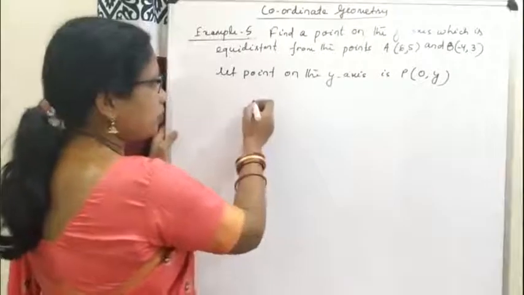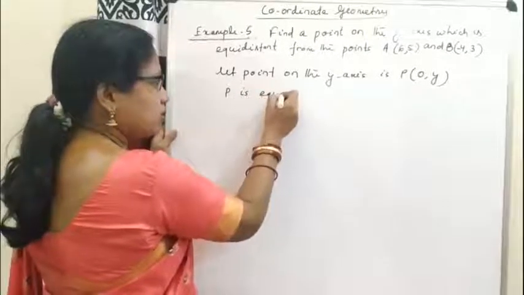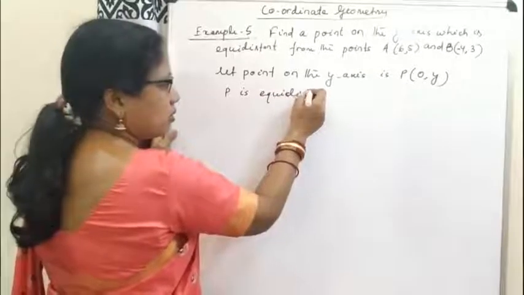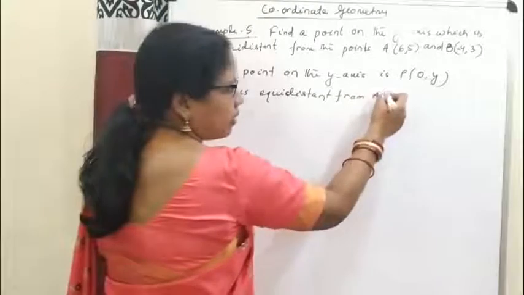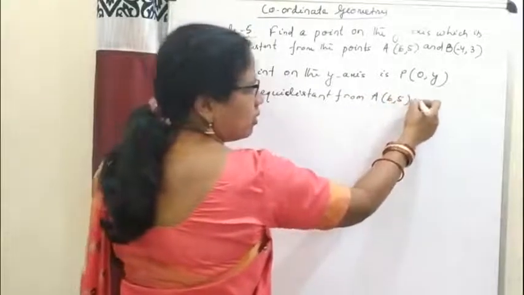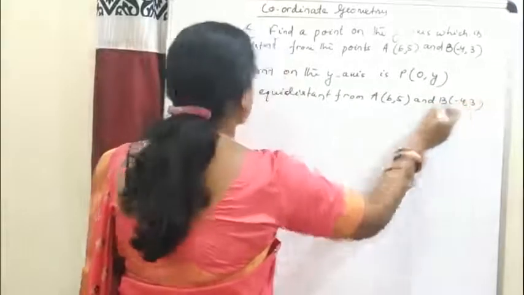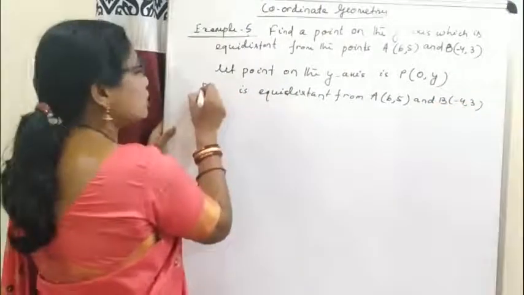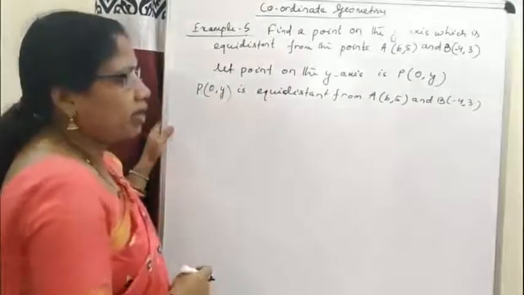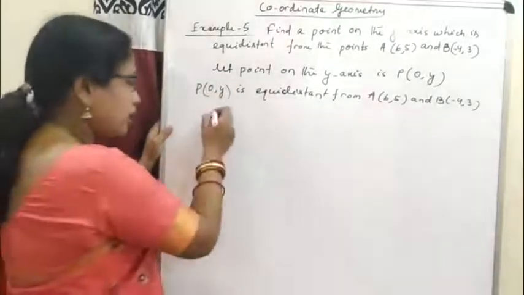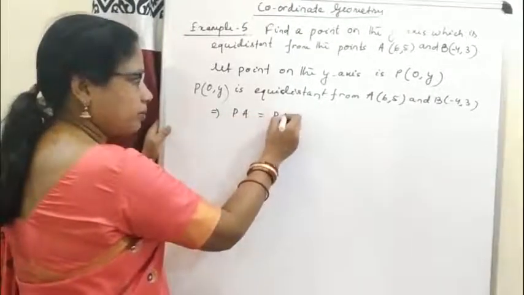Here P is equidistant from A and B. So here we have to write the coordinates. P (0, y) is equidistant from A and B, so that means PA is equal to PB.